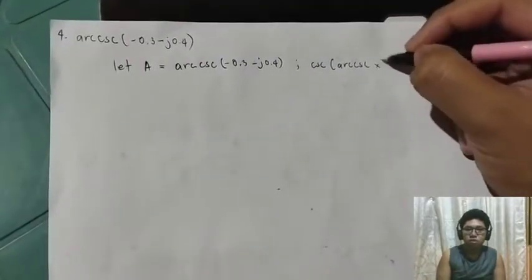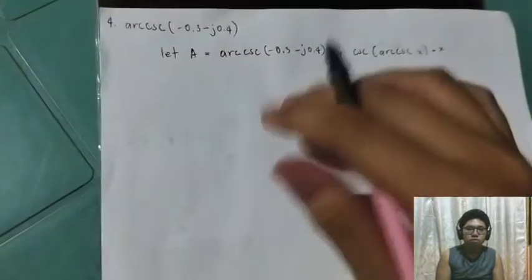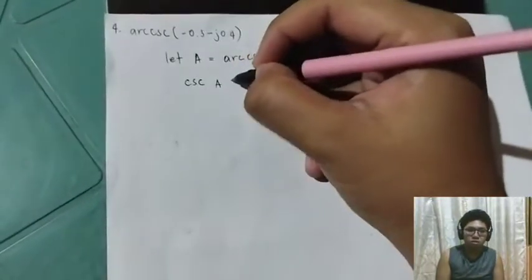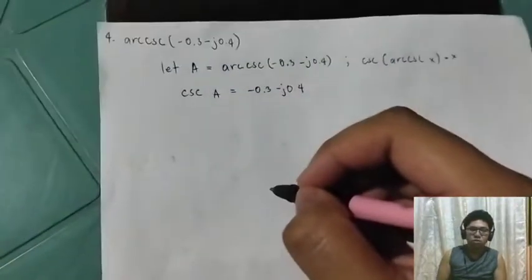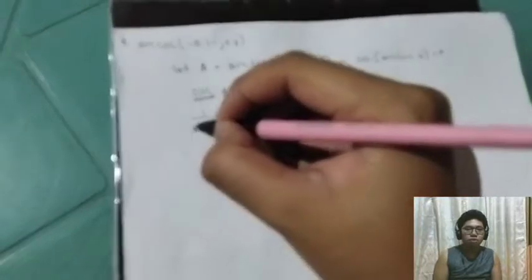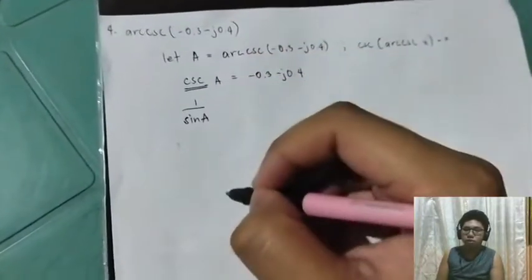Then we will get the cosecant of both sides, and the cosecant of arc cosecant x is equal to x. So that is cosecant of A equals to negative 0.3 minus j 0.4.